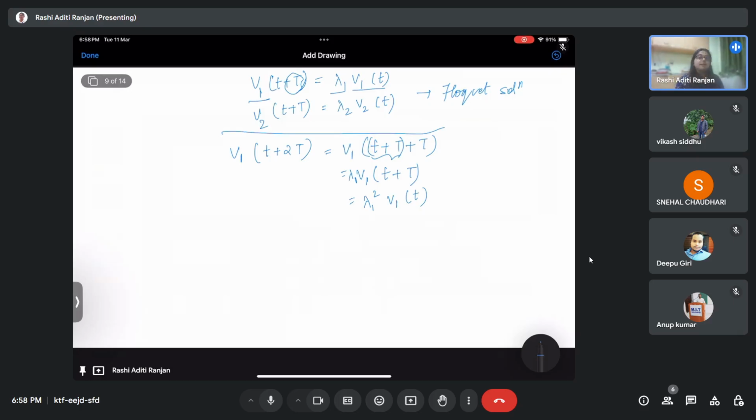It means that if I try to take what is going to happen to the system after n time periods, I can simply write it as lambda 1 to the power n v1 of t, correct? So if I know the value of lambda 1, I can say what is going to happen to the system. If I write it in a generalized form for any dimension, I can write it as lambda i.